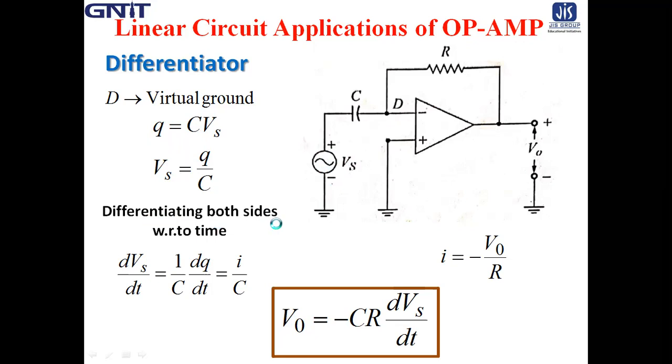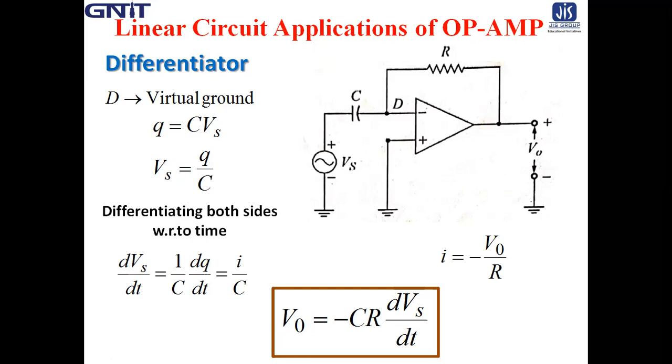Now differentiating both sides with respect to time, we get dVs by dt equal to 1 by C dQ by dt. Now we know that dQ by dt represents the current. So dVs by dt equals I by C, where I is the current flowing through the capacitor.